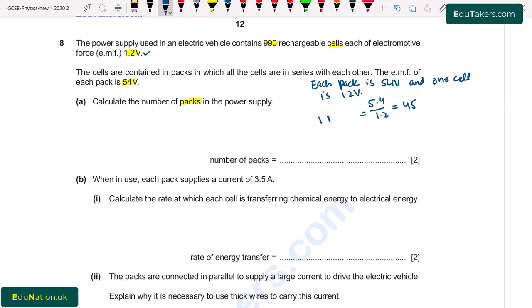So one pack will be equal to 45 cells. But in the question there are 990 rechargeable cells. So in total, 990 divided by 45 gives 22 packs. So the total number of packs will be equal to 22.